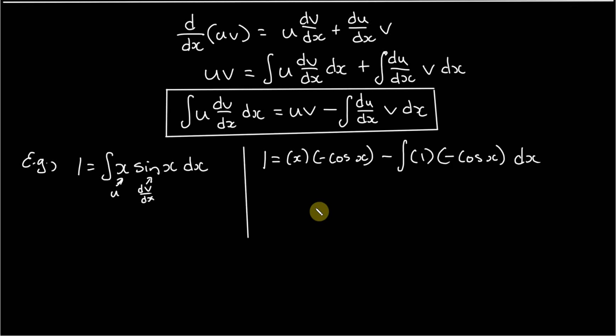Okay, cool. So let's just clean it up. That's really all that we need to do. And so I'll just write it all out to make it explicit. So we have x times negative cos x, so minus x cos x. Cool. And let's just use the distributive property here, right? 1 times negative cos x. So we're just integrating negative cos x with respect to x, right?